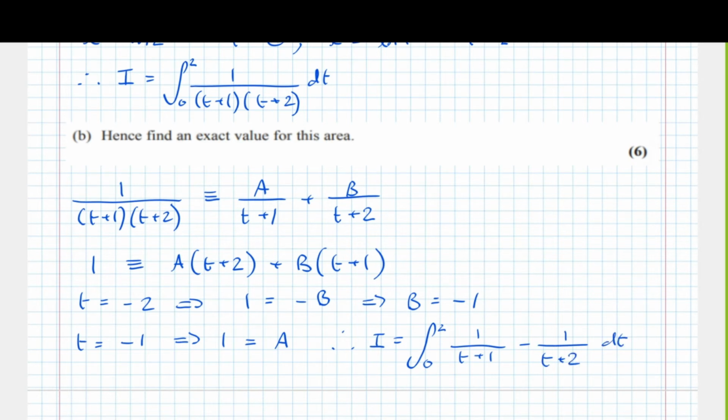So we've got that integral now that we've split it up into partial fractions. Keep going.